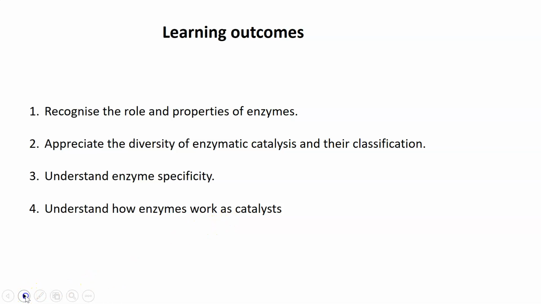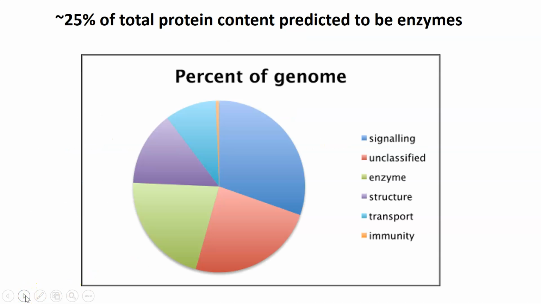So when we look at the whole genome, we know that DNA codes for proteins. Now, the genome has been characterized. We know roughly what each section of the DNA codes for.